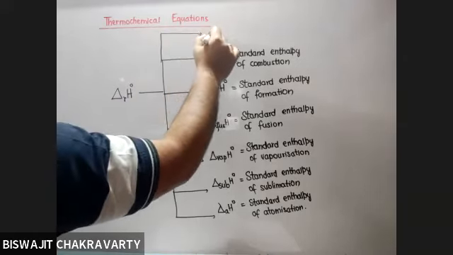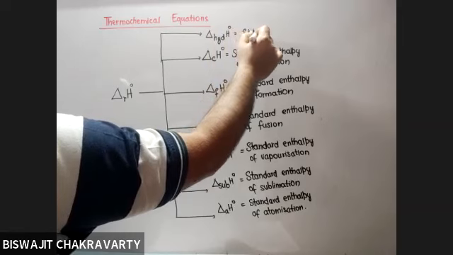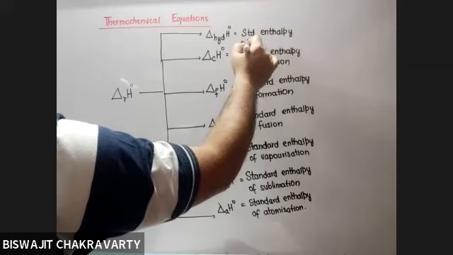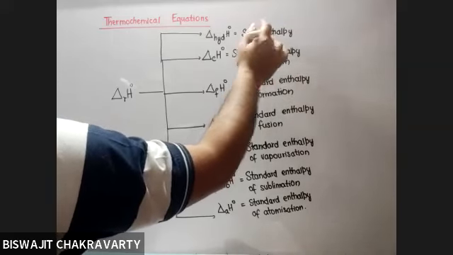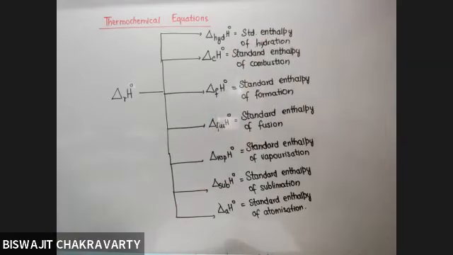We will have delta hyd H degree, called standard enthalpy of hydration. What do you mean by the term hydration? Whenever a salt is dissolved in water, from the water it will pick up some waters of crystallization to form hydrated salt. And during this process, whatever enthalpy change is going on will be called standard enthalpy of hydration. So these are different types of enthalpy changes depending upon what reaction is being carried out.